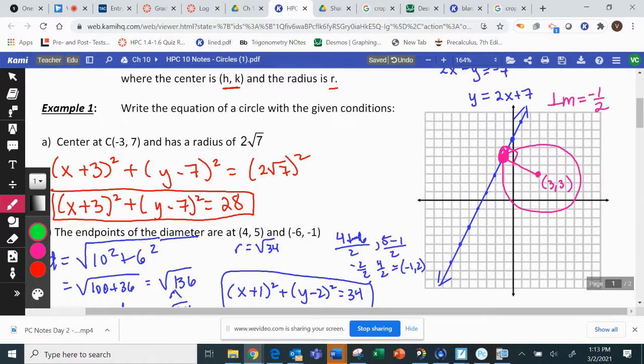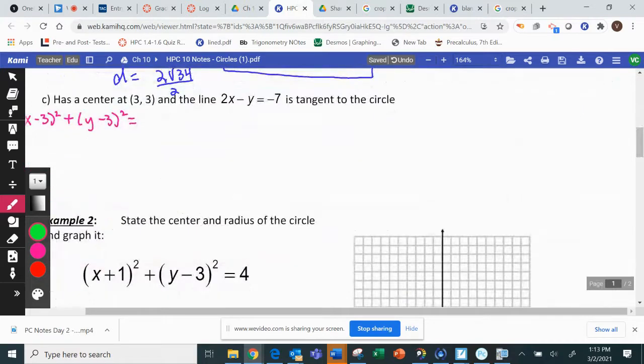How can we find the equation of a line when we know the slope and we know one point that it passes through? Point slope form. So if we use point slope form, y - 3 = -1/2(x - 3). That's the equation of the radius line.